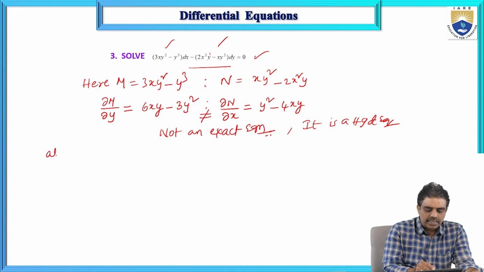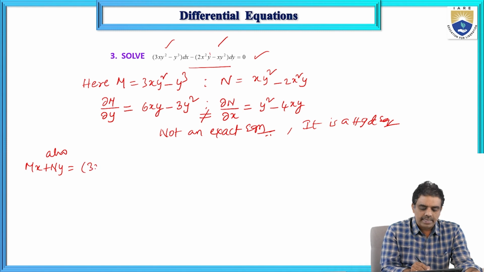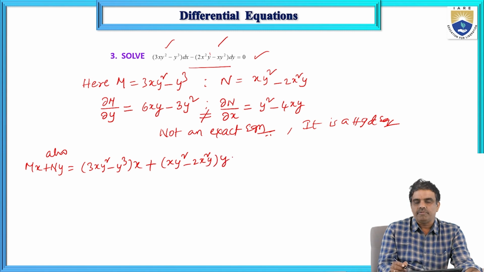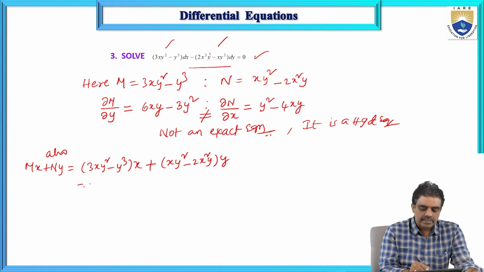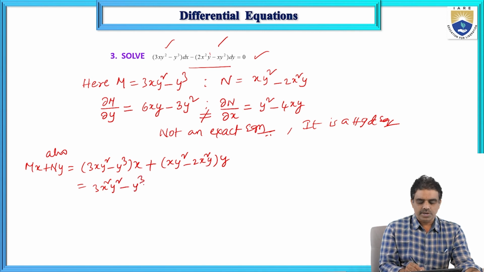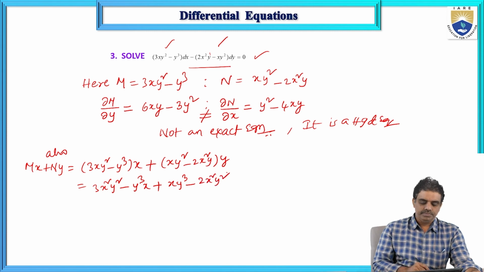Now we have to check the value of Mx plus Ny. What is Mx plus Ny? M means (3xy square minus y cube) times x, plus N means (xy square minus 2x square y) times y. Then it is 3x square y square minus y cube x plus xy cube minus 2x square y square.